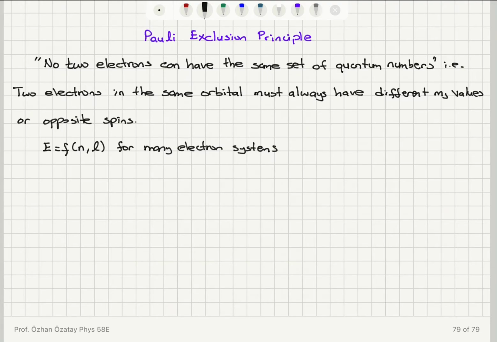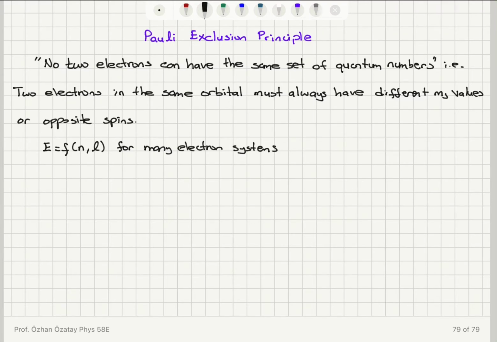If you have a smaller l, the electron is closer to the nucleus, and it's in a more stable orbital, because electrons in the upper orbitals see less of the Coulomb interaction with the nucleus due to shielding of the inner electrons.